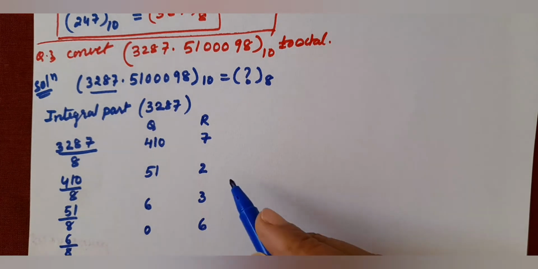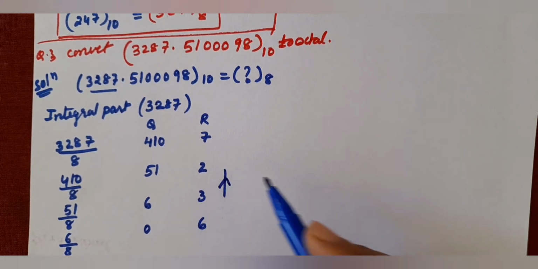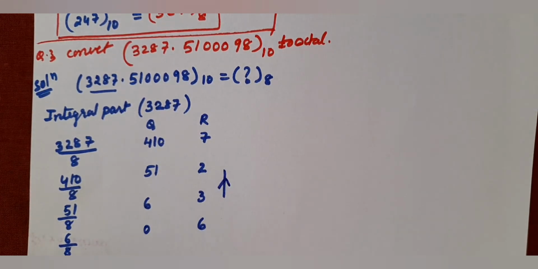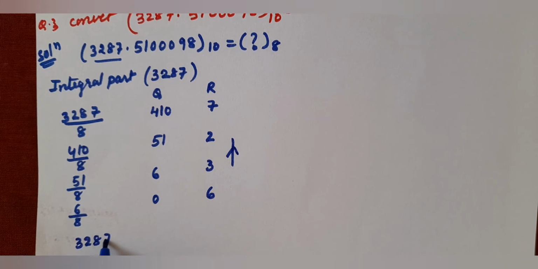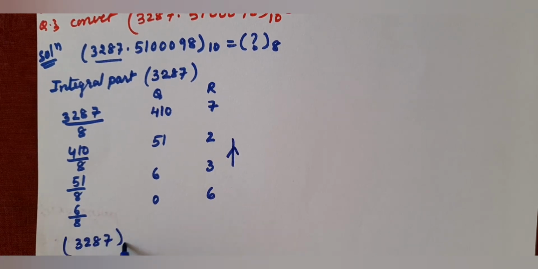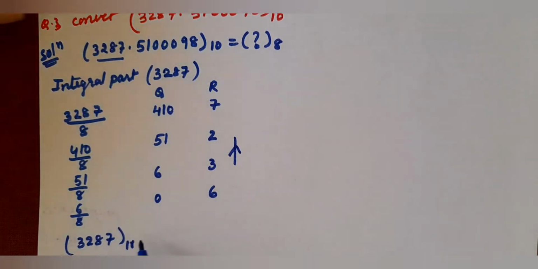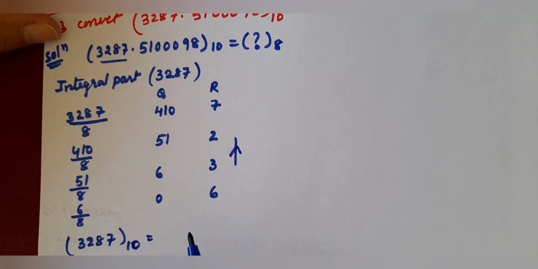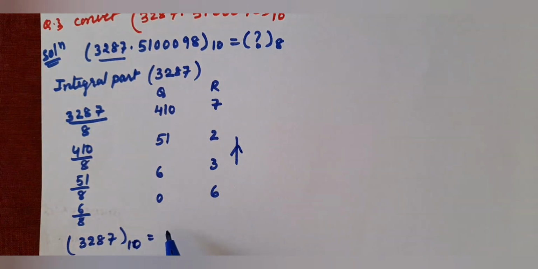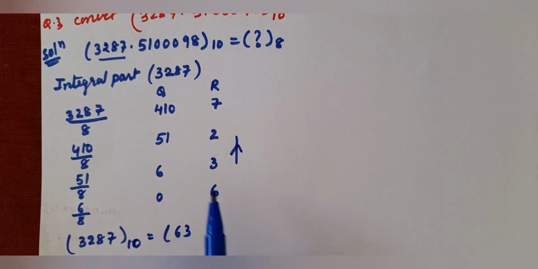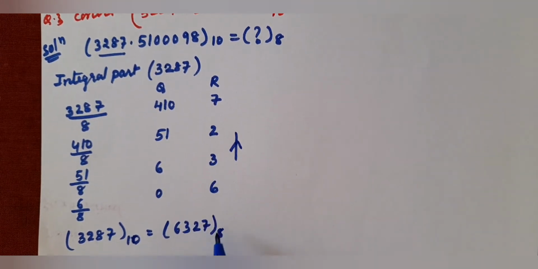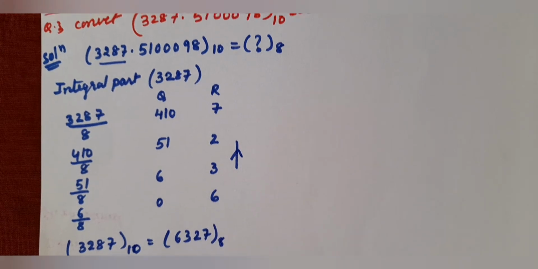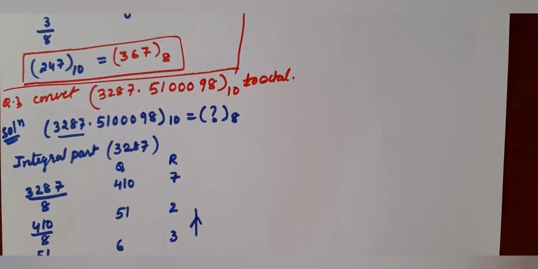How to read it now? From bottom to top. So 3287 in decimal comes to be 6327 in octal. Okay. Let us now do the fractional part.